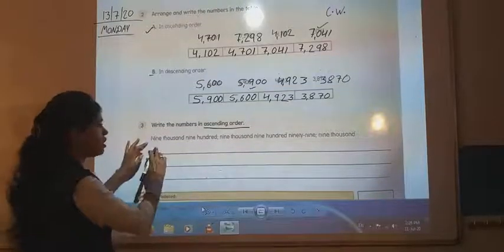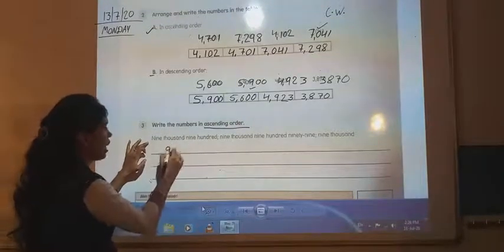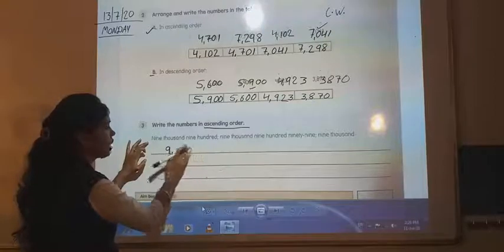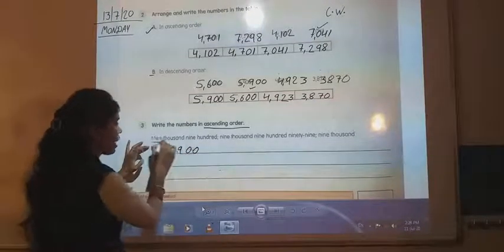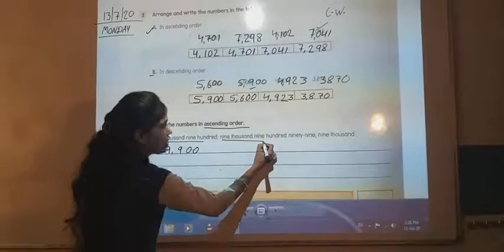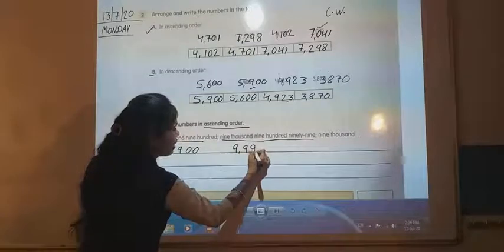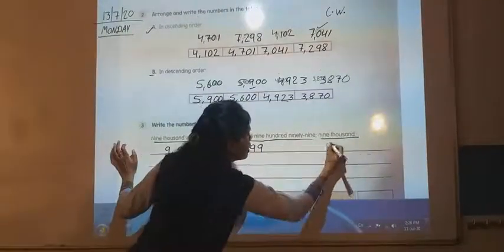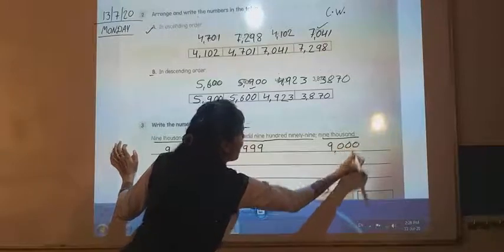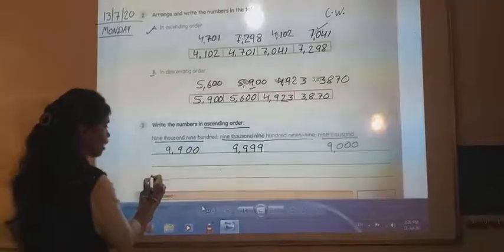The first number is 9,900, the next number is 9,999, and the third number is 9,000. We have to arrange them in ascending order.